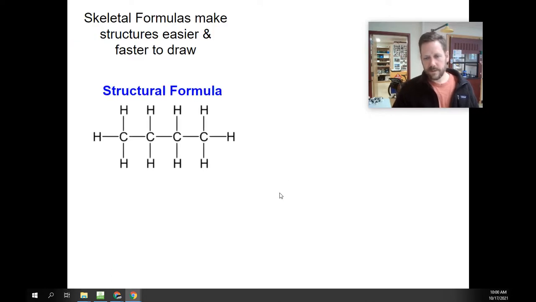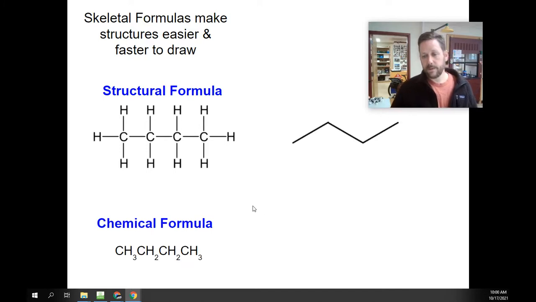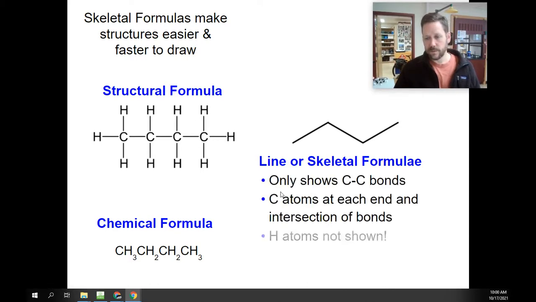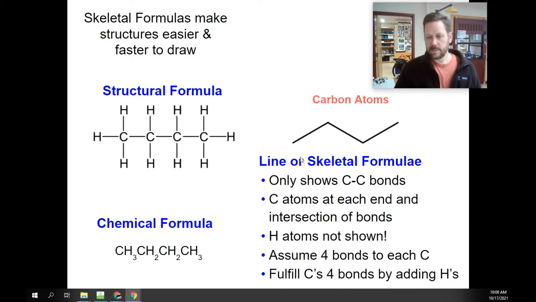So we've learned about structural formulas and how skeletal formulas may be a really helpful way to represent compounds. Skeletal formulas or line diagrams, you should be able to interpret those just as easily as you interpret a chemical formula or a structural formula. The ends and bends are carbon atoms, so this is showing 1, 2, 3, 4 carbon atoms.